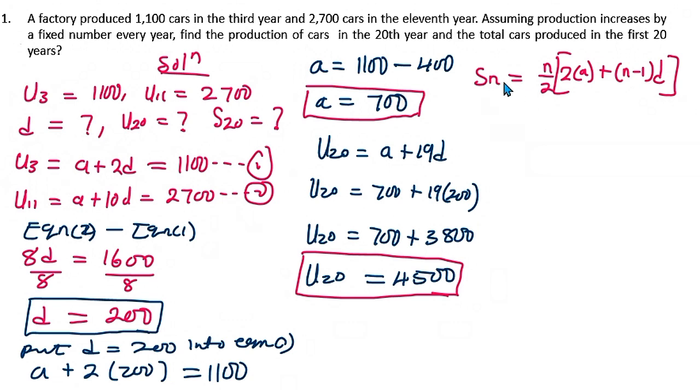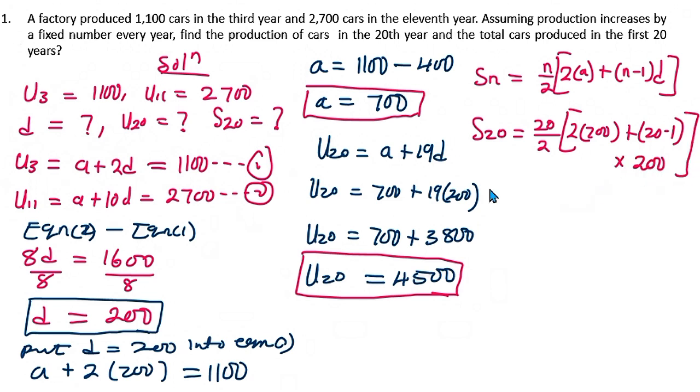So this expression will help us find the total number of cars produced in the first 20 years. Now we are going to look at S of 20, and this will be 20 divided by 2 times 2 of the first term, which is 700, plus 20 minus 1 times 200.